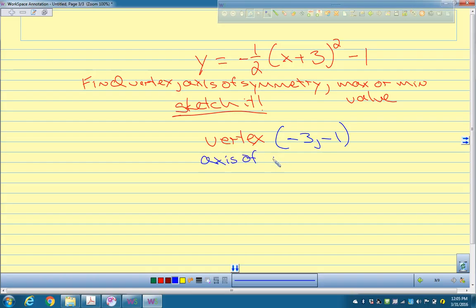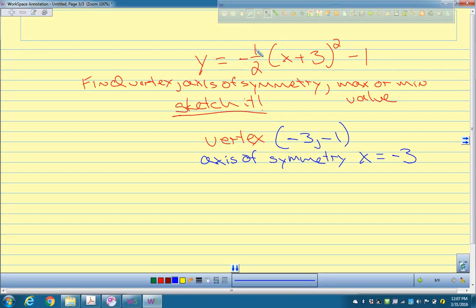Axis of symmetry. It's just x equals. Remember, a vertical line has an equation x equals. X equals -3. Okay. Is this upside down or right side up? Upside down.